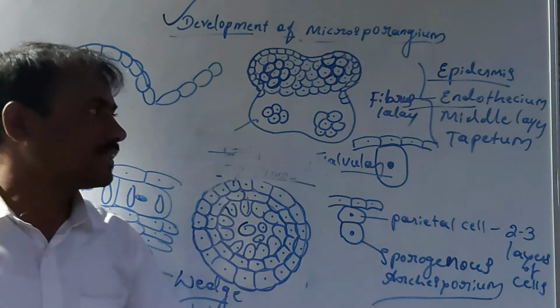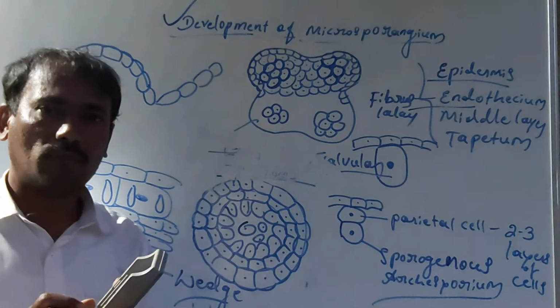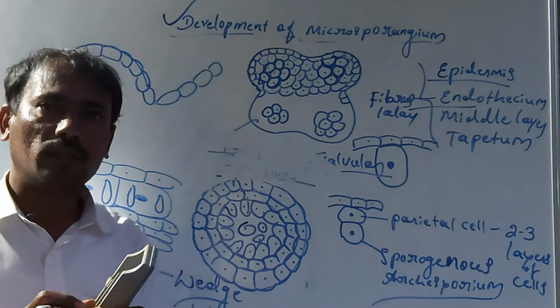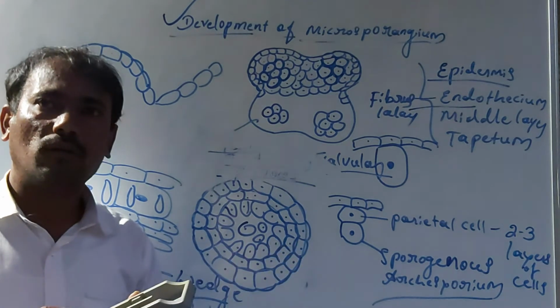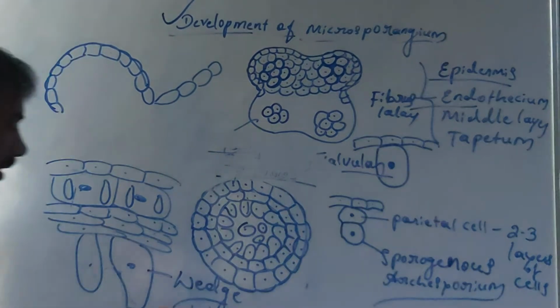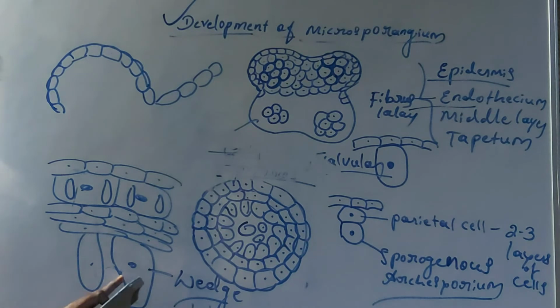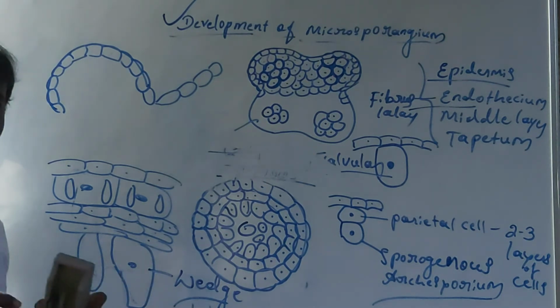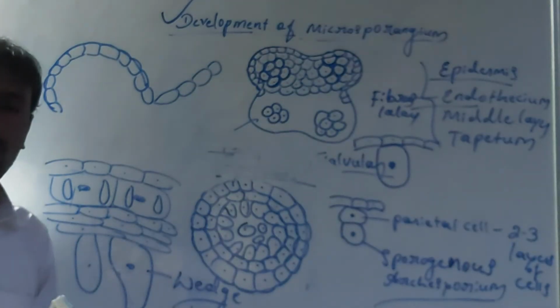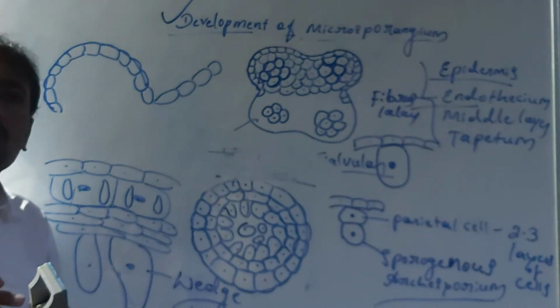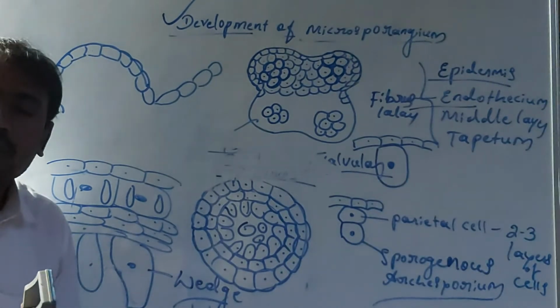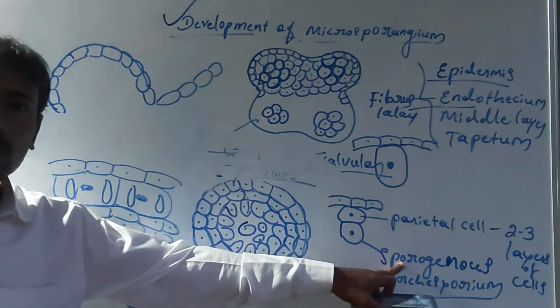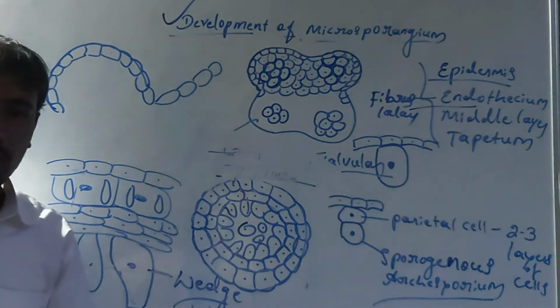The tapetum is highly important, playing a very significant role in the nourishment of the inner sporogenous cells and the archisporium.